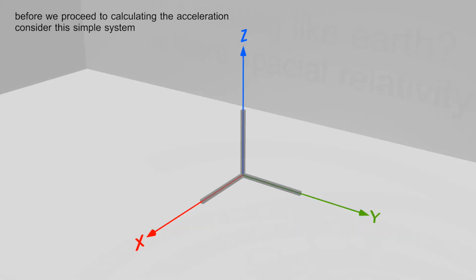Before we proceed to the angular acceleration, let's consider this simple system. We will use unit vectors here, i, j and k.